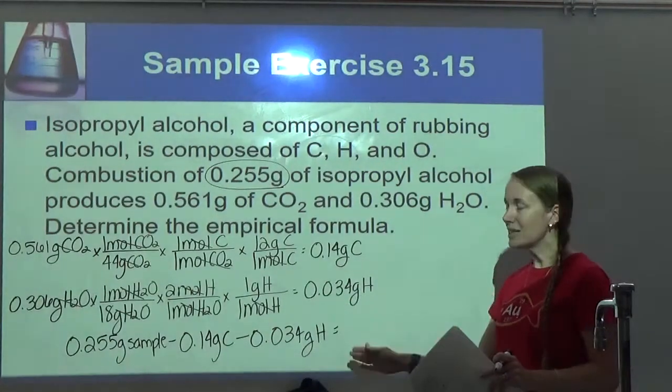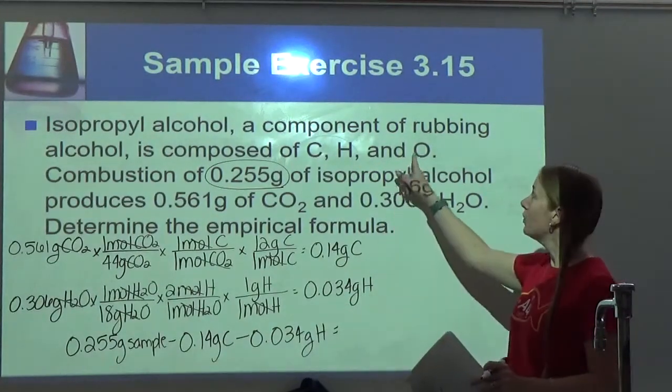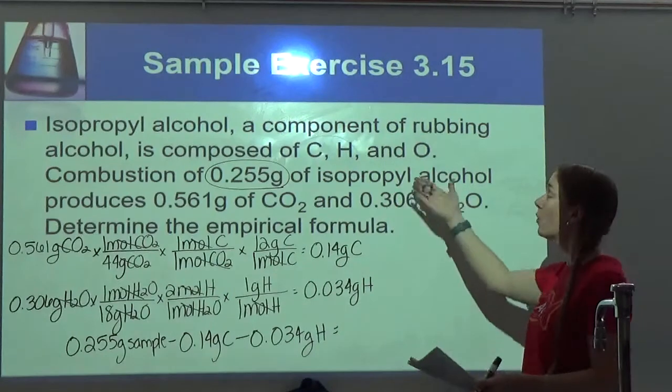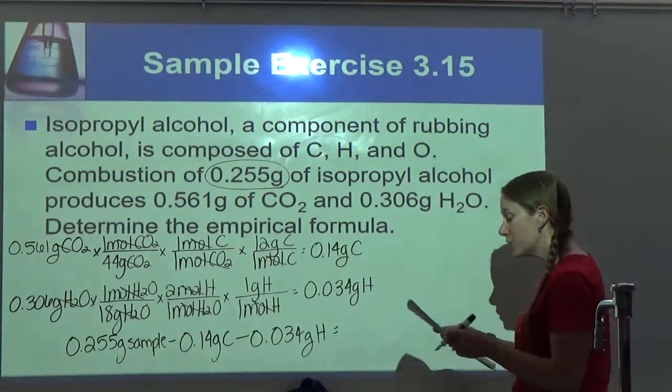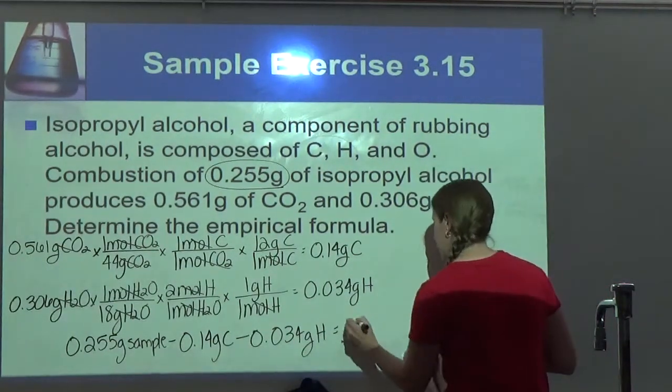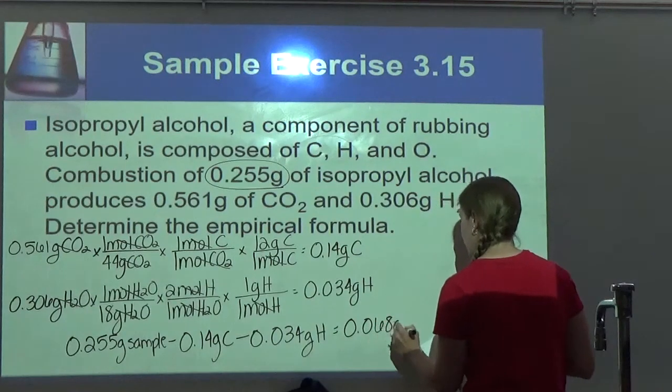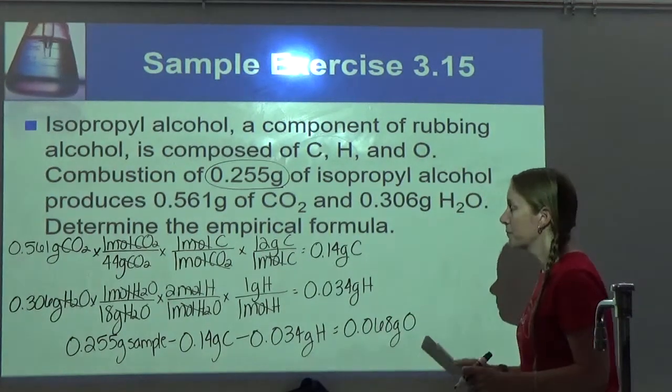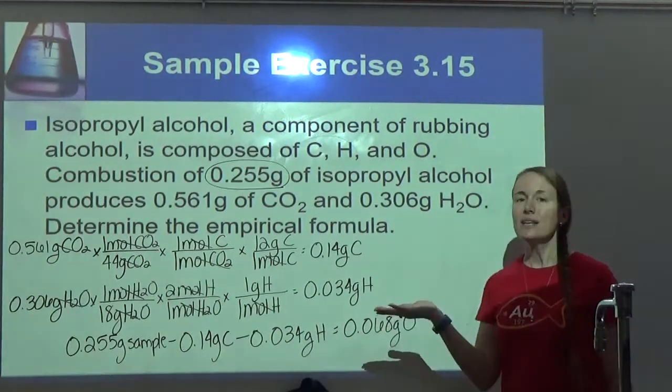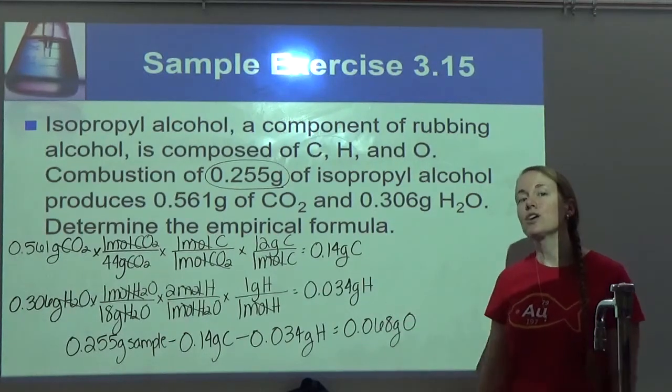I'm just subtracting the carbon and hydrogen because I know what's left has to be the oxygen, because they told me it only has C, H, and O. So once I subtract, I end up getting 0.068 grams of oxygen.